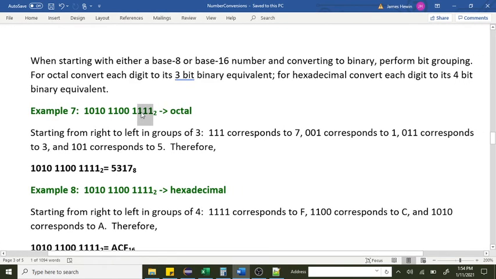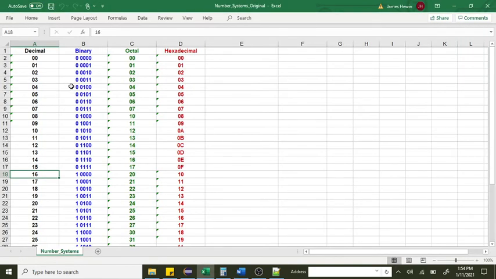So if you look at these 3 bits right here, well, 111 corresponds to 7. If you go back to this table, basically a binary 111 corresponds to octal 7.